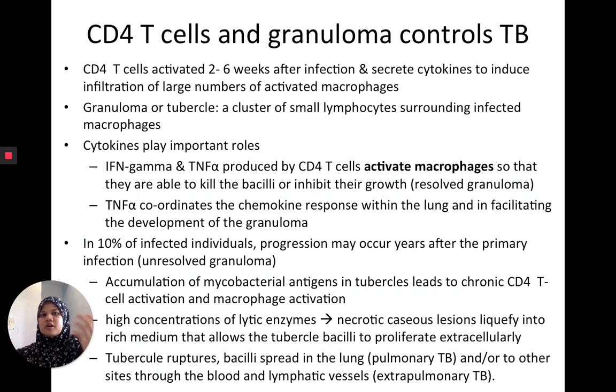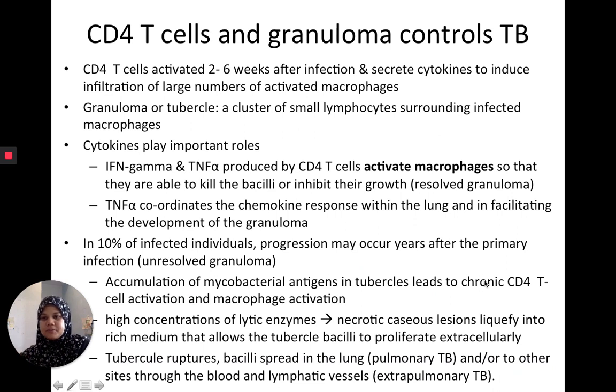So you've got activated macrophages surrounding the infected macrophages, and then they'll start forming a barrier, what we call a granuloma or tubercle. The cytokines that the CD4 T cells produce are really important in maintaining the structure. So even though they couldn't get rid of the bacteria, they've now been able to cut off the bacteria from spreading because it's now trapped inside the granuloma.